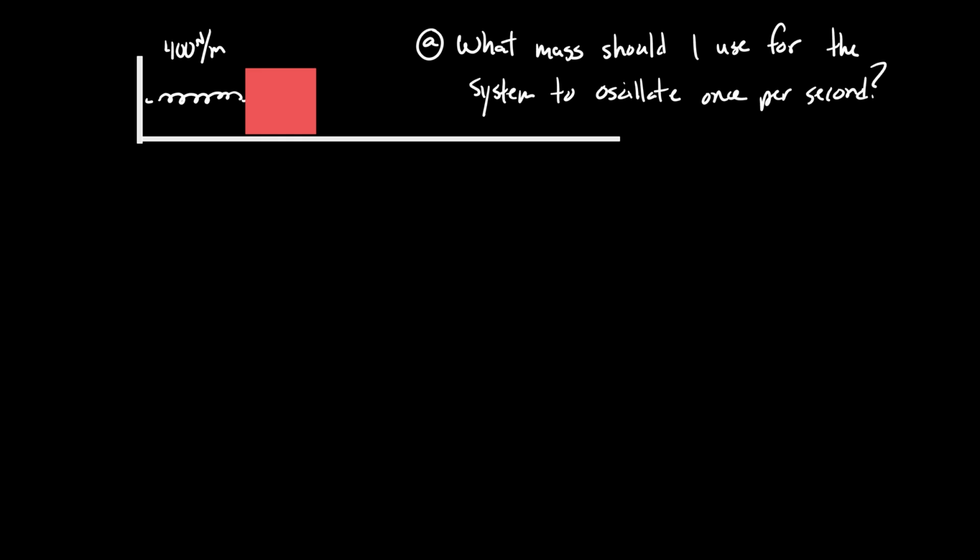That's my only question. I'm going to ask a follow-up to it, but that's my only question so far. Same spring. I want to create a system that I know will oscillate once per second. What mass should I use?